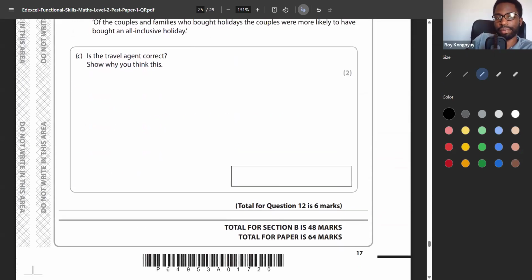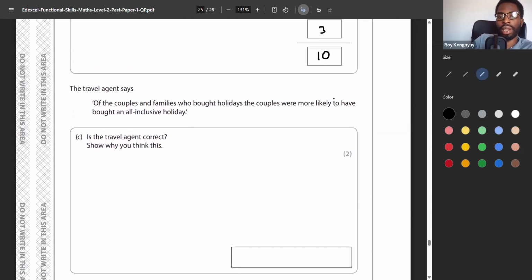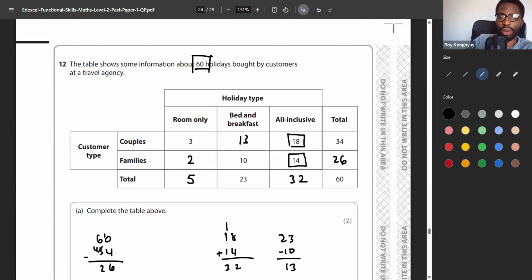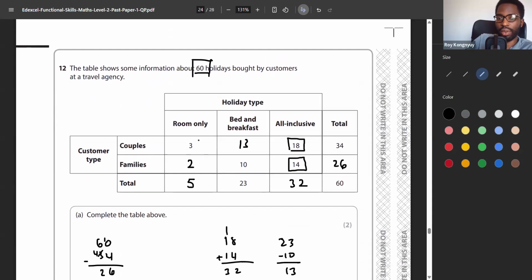Couples were more likely to have bought an all-inclusive holiday, but maybe not, because the question is how many couples there were. We would have to consider relative to the number of couples there were. So 18, yes, absolutely more couples chose all-inclusive, but there were 34 couples. So 18 out of 34 couples chose all-inclusive.